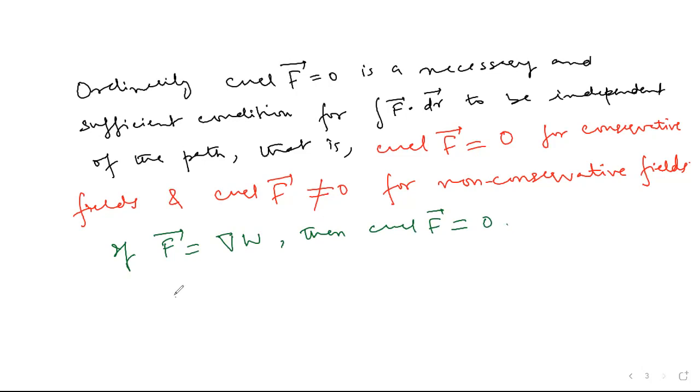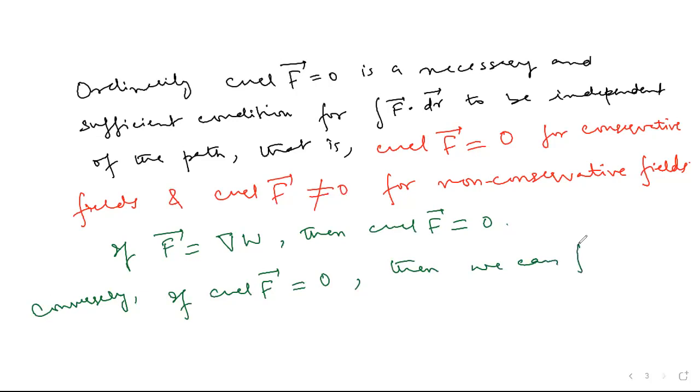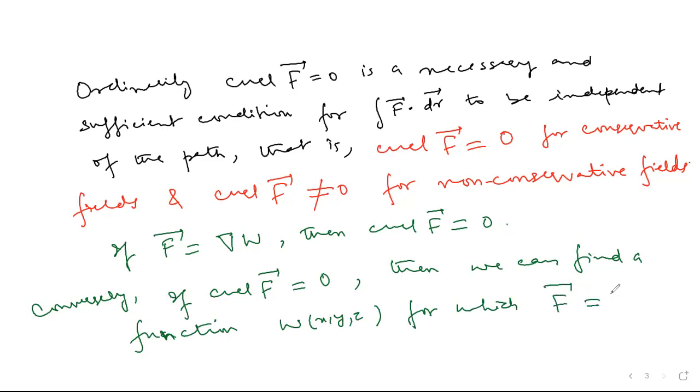Conversely, if curl F is equal to 0, then we can find a scalar function W, function of x, y, z, for which F is the gradient of that scalar W. Understand it?